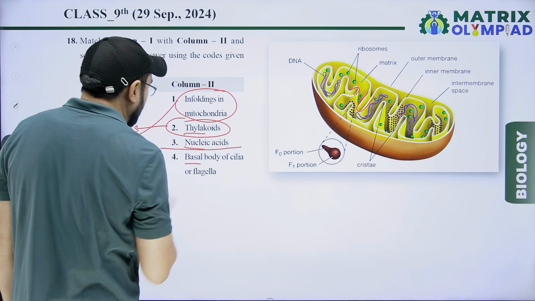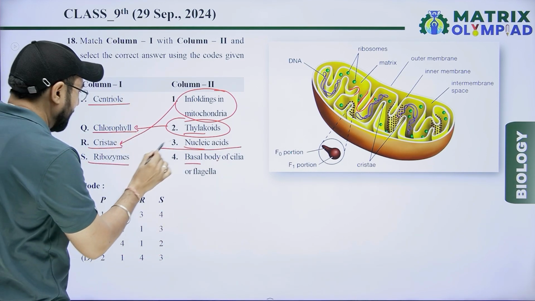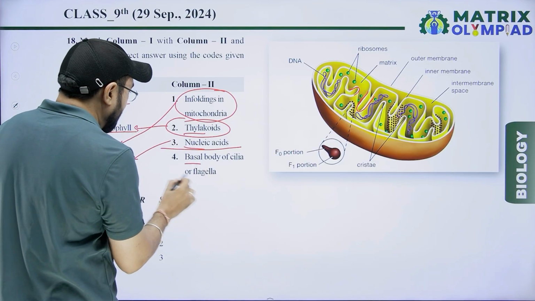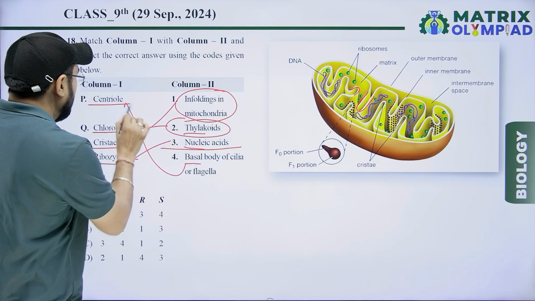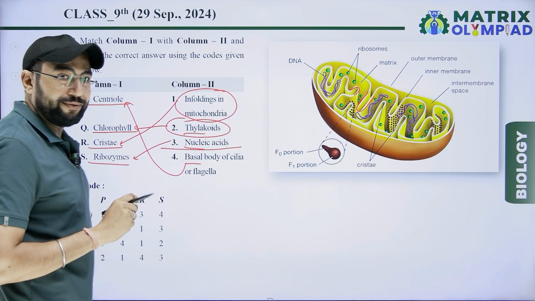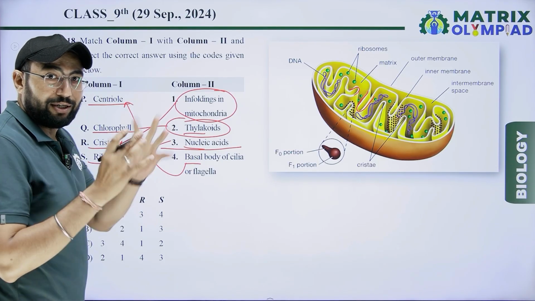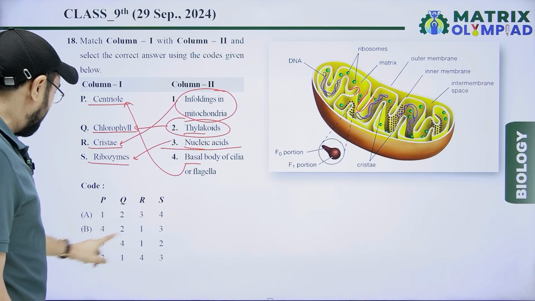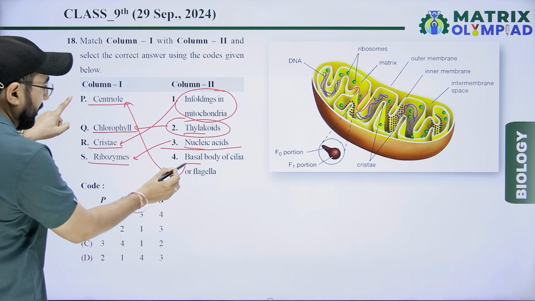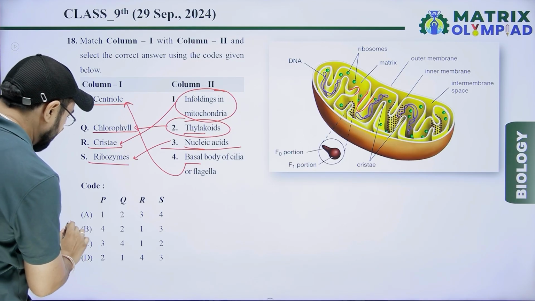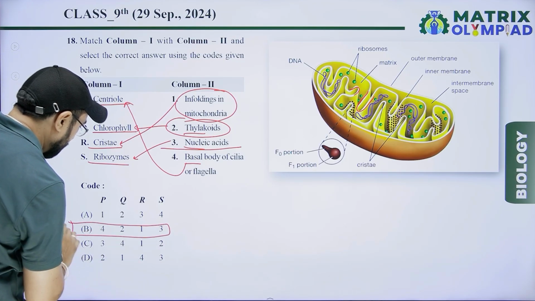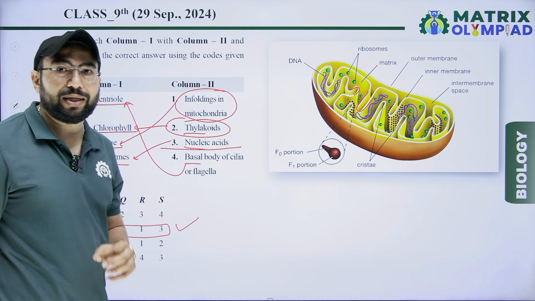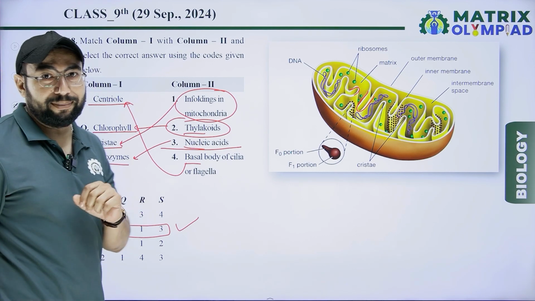Next, nucleic acid, ribozyme, is related to RNA. Next, basal body of cilia and flagella is related to centriole, because it is a modified form of basal body. Next, code PQRS: P relates to fourth, present in option B. So our right answer is 4213. Option B is the right option for match the column.